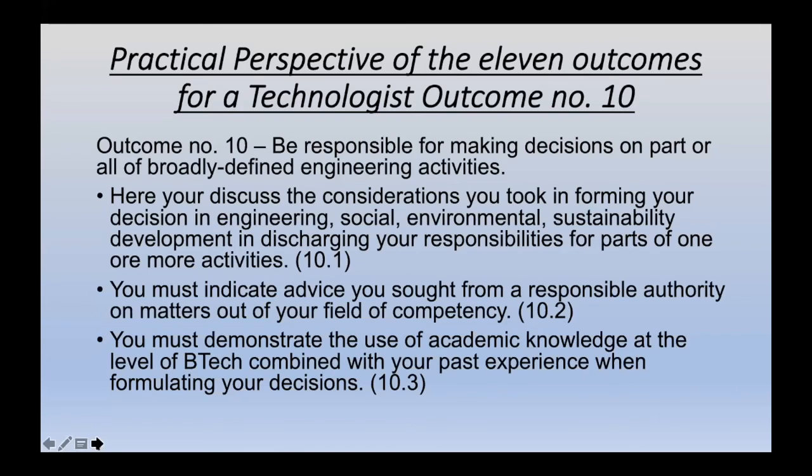Remember you had to do engineering, social, environmental and sustainable development. Here you discuss it further, and you tell us how it relates to outcomes 1, 2, and 3. You must indicate advice you sought from a responsible authority on matters outside your field of competency.